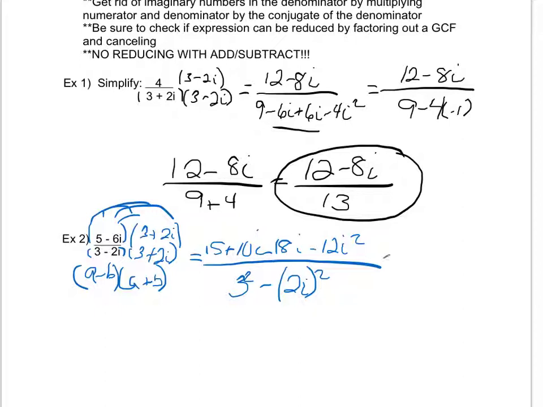So then cleaning up my top and bottom a little bit, I can see that I can combine my two terms in the middle on top. So 10 and minus 18 is negative 8i minus 12, and negative i squared is times negative 1. 3 squared is 9, minus 4i squared.